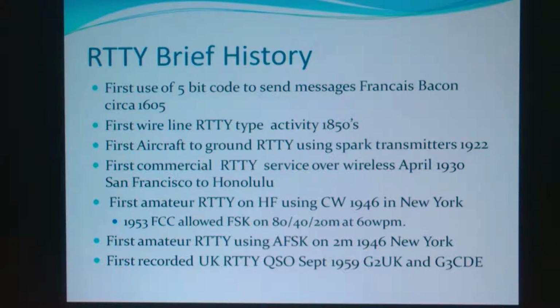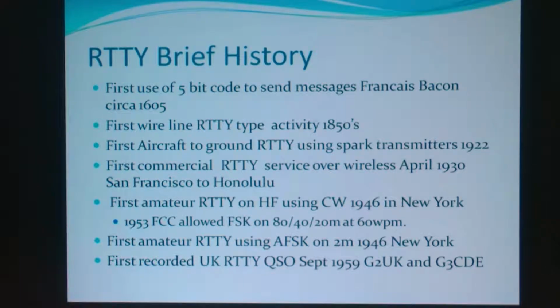If you start looking at when you could start picking up the first radio RTTY, that was around in the 1920s. The first air-to-ground one was in 1922, and the next slide shows you the paper clipping out of the New York Times, and also the picture of some of the equipment.